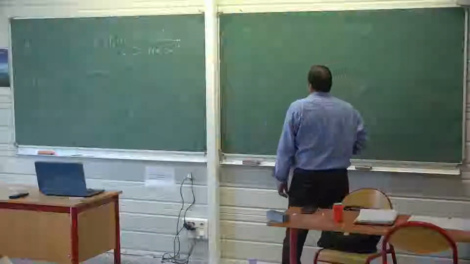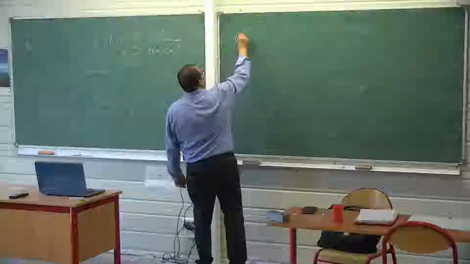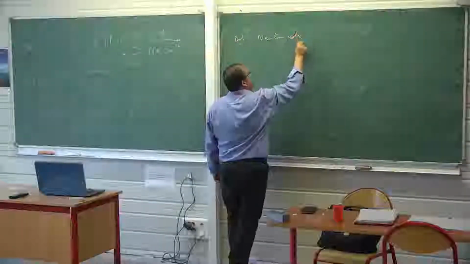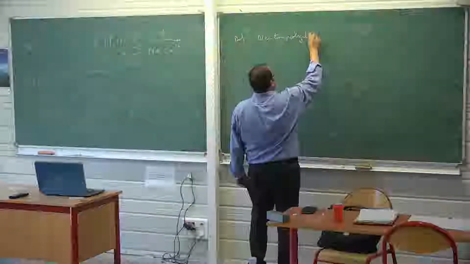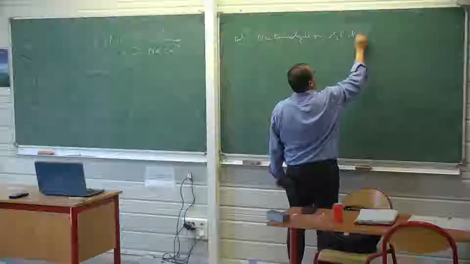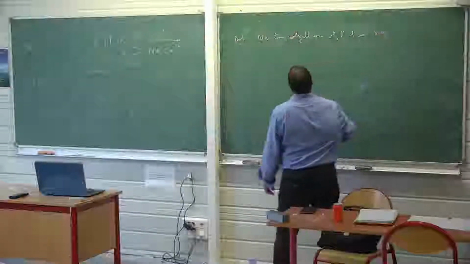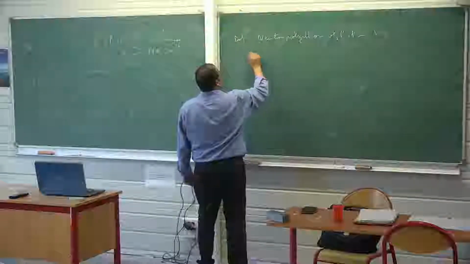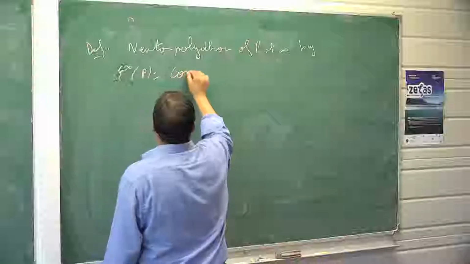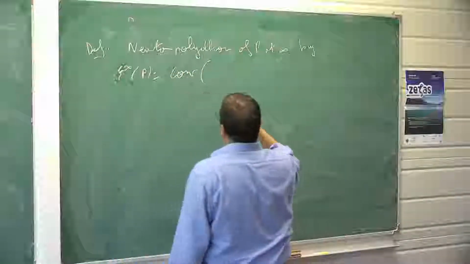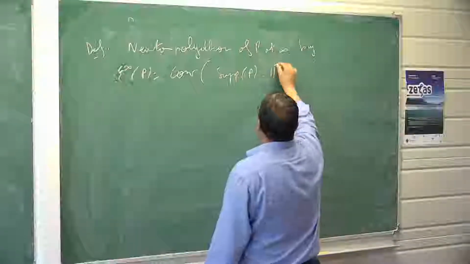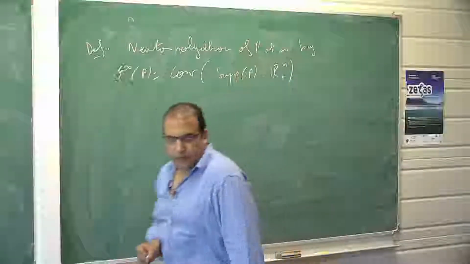So we define the Newton polyhedron of P at infinity by E infinity of P. It is the convex hull of the support of P minus R plus N.